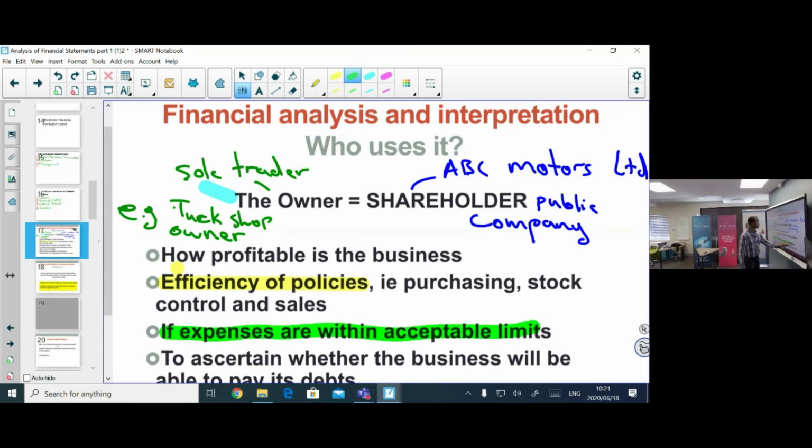They want to check that there are no unnecessary expenses, for example where the company is still starting up and employees are earning more than expected, which lowers the revenue of the business.